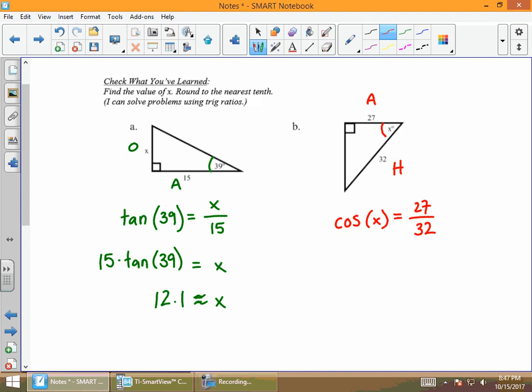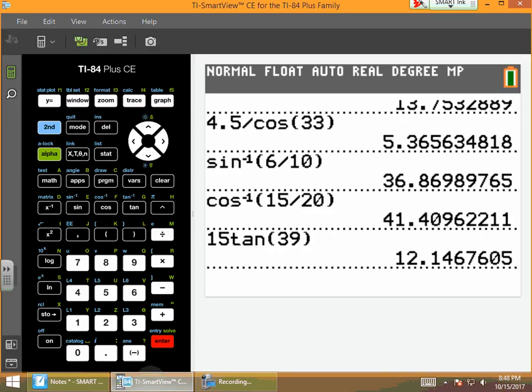Now to solve for x, I have to get rid of cosine. So I get rid of cosine by doing the cosine inverse. And my fraction in there is 27 over 32. So cosine inverse of 27 over 32. So second cosine, 27 over 32.